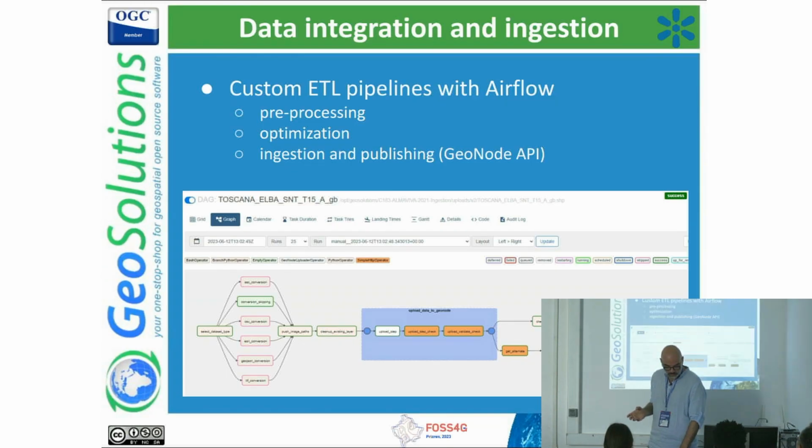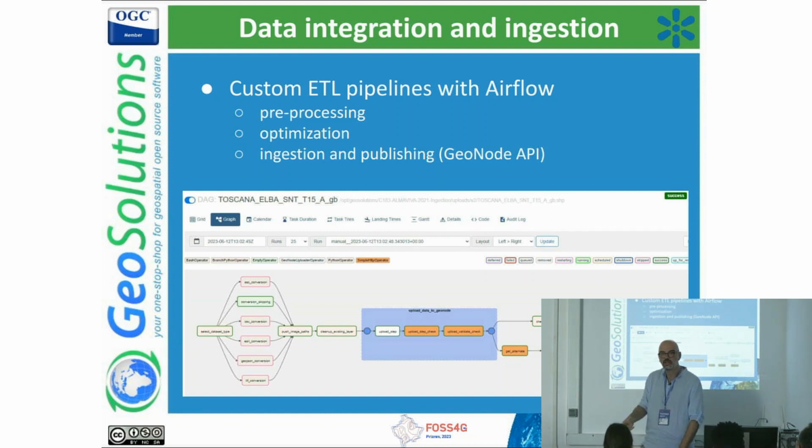We have a lot of integrations, we'll go faster, with, for example, Airflow, where a lot of users do pipelines and data processing, and we also use it. And we use the REST API. We are going to release a Python module for GeoNode that implements the API in GeoNode.